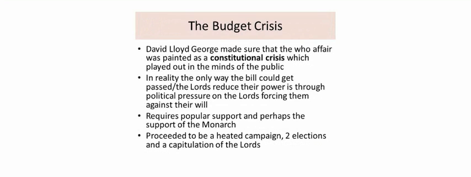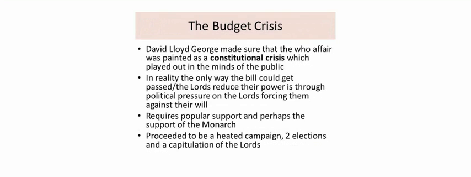Now, the important thing to understand about the constitutional crisis, as I've mentioned already once this lesson, but I'm going to mention again, is the idea that ultimately the only way this crisis will be resolved is if the House of Lords gives in. For the budget to be passed, the House of Lords have to accept it.